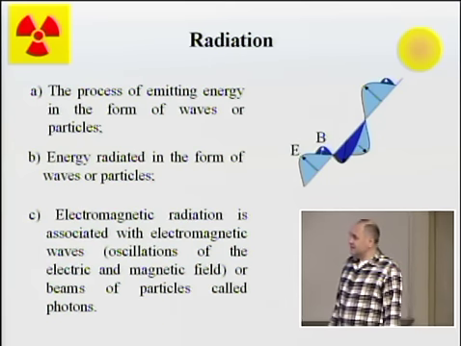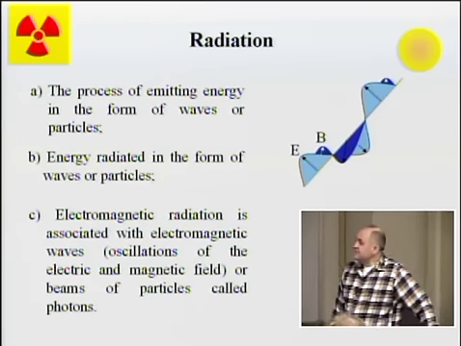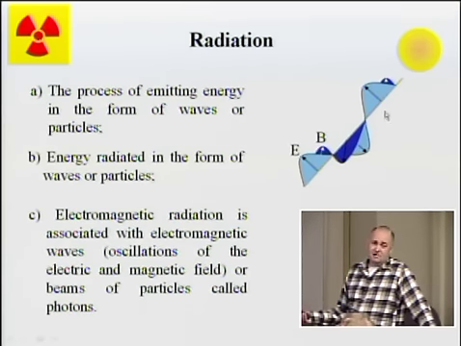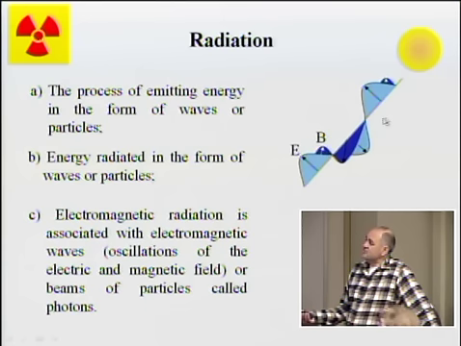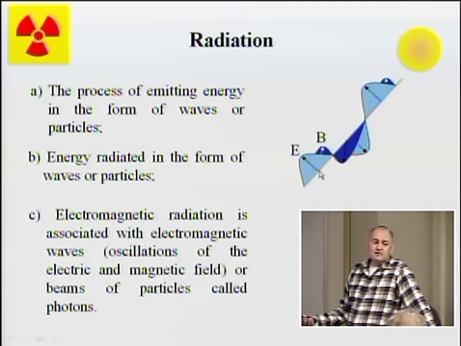Now, in electromagnetic radiation, both electric and magnetic field oscillate. If I try to draw an electromagnetic wave, this is how it is going to look. We'll have oscillations of electric field and of magnetic field.